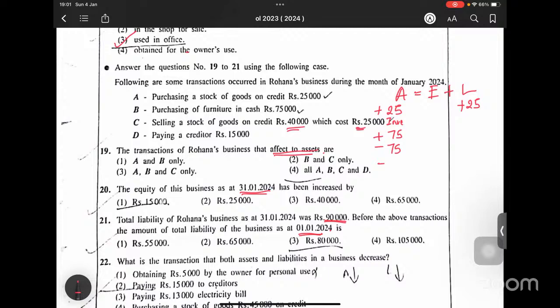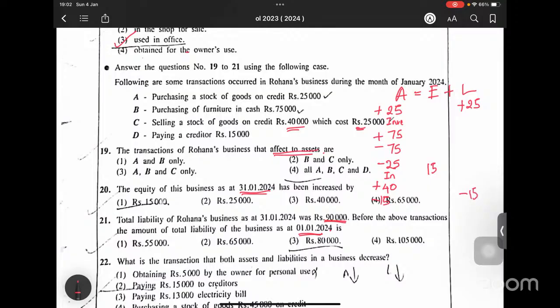So 25,000 cost inventory goes out, and he's selling on credit, so debtors increase. What is this 15,000? 40 minus 25, profit. Yes, profit comes under equity, 15,000. Paying a creditor, he has paid 15,000 and the liability will decrease.